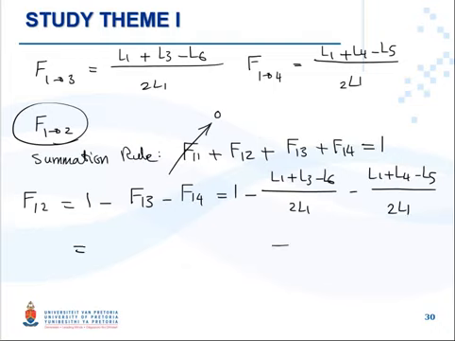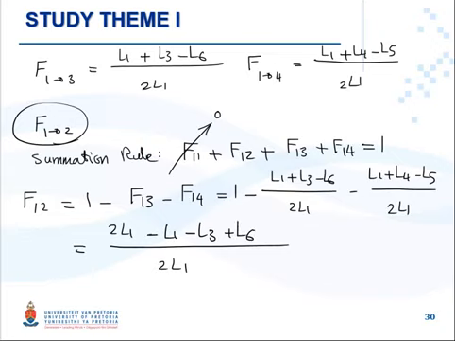So it's equal to 2L1 minus L1 minus L3 plus L6 minus L1 minus L4 plus L5. This will go.